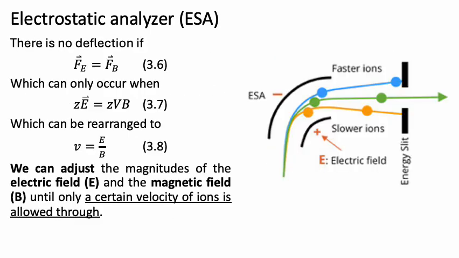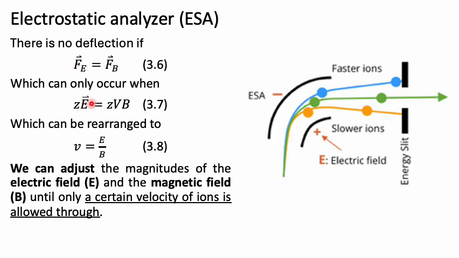So if we have no deflection, then our energy pulling the ion up and the energy pushing it down are equal, and they pass through in a straight path. And this can only occur if we take our equation that has the velocity component for the magnetic field and make it equal to the equation for the electric field.